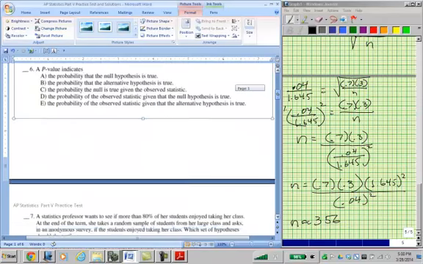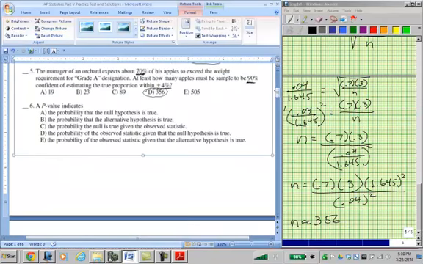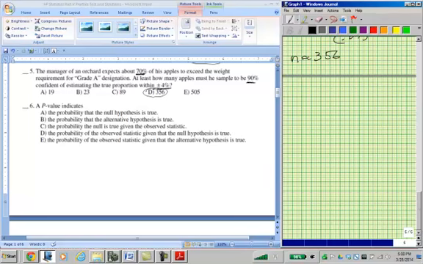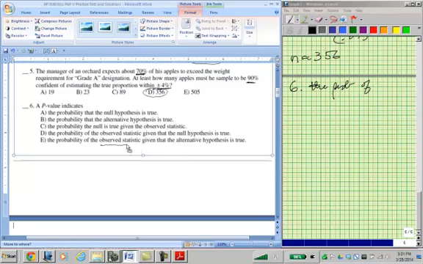Okay. 6. A p-value. Well, you can close your eyes and you can understand, we've been over this so many times. The p-value is the probability of the sample statistic, or in this case it says observed. That's the same as sample. Observed means it's not the population parameter.